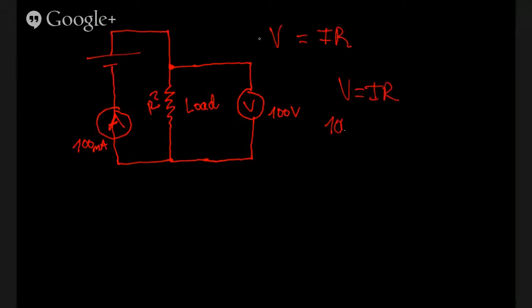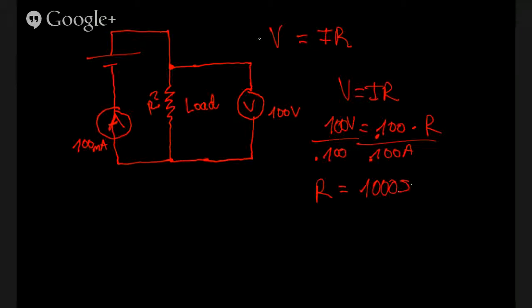We have 100 volts equals 100 milliamps, which is 0.1 ampere, times our resistance, not sure what that is, divide by 0.1 amps on both sides. And our resistance is magically 1,000 ohms, or 1 kilo ohm. Anyways, now we know our resistance here.